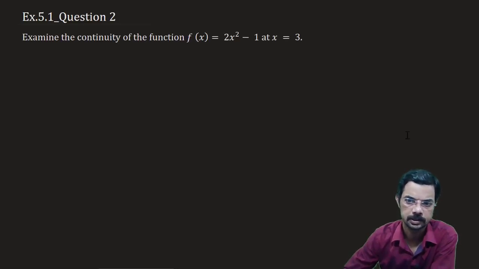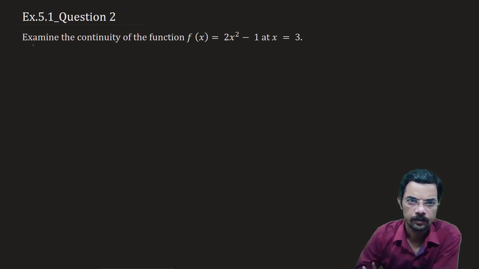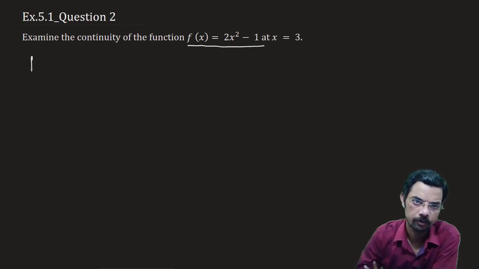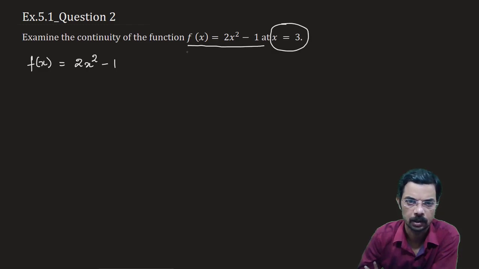The next question states that we need to examine the continuity of the function f of x equal to 2x square minus 1 at x equal to 3. So here f of x is given to you as 2x square minus 1. We need to check the continuity at point x equal to 3.